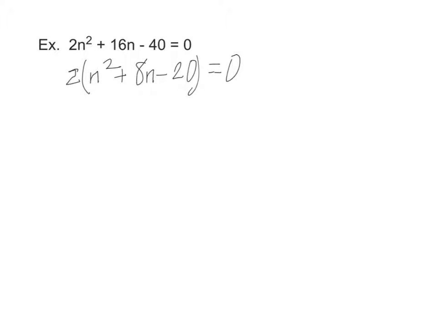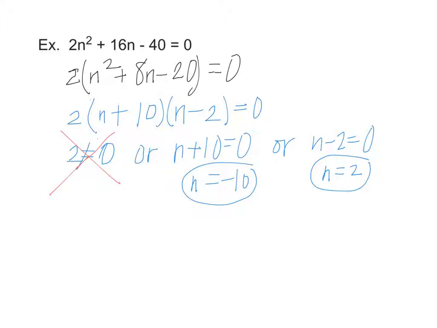Now all I have to think about is two numbers that multiply together to give me -20 and add up to 8. Not as difficult. 2 equals 0 doesn't make sense. To finish this up, I'm going to set each one of these factors equal to 0, and then do some quick algebra to show that the two other solutions are n equals -10 and n equals 2.